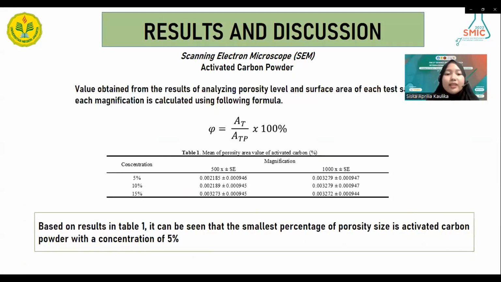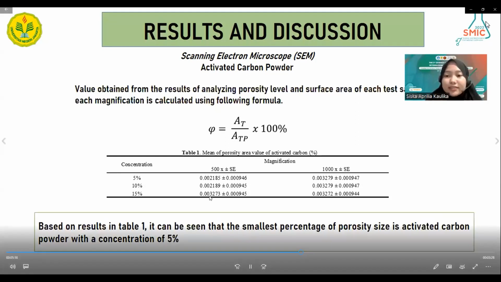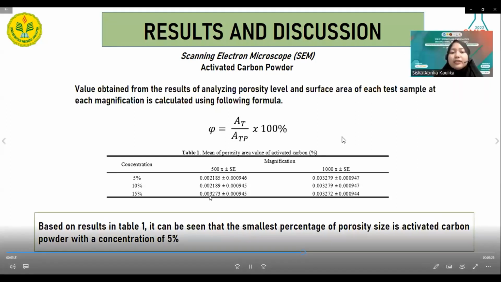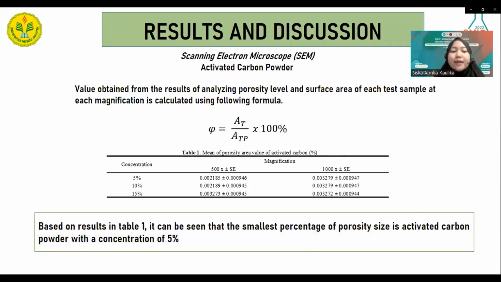And next, we analyze the porosity level and surface area of each test sample, calculated using the following formula. Based on the results in table 1, it can be seen that the smallest percentage of porosity level is activated carbon powder with concentration 5%.